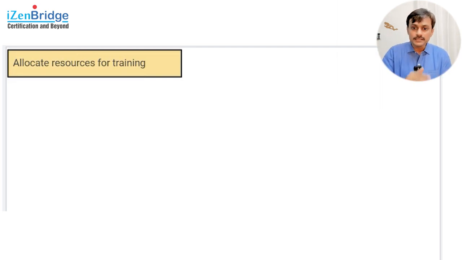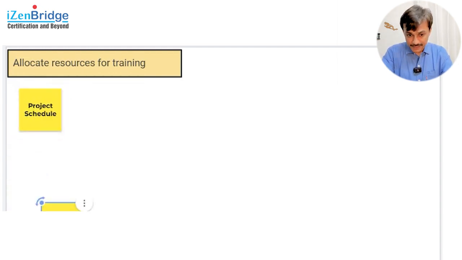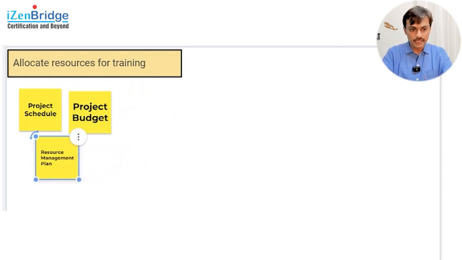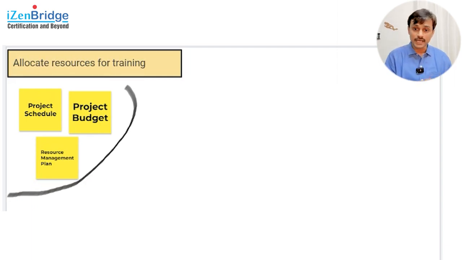It should not be that there is a training plan but the person also has scheduled activities for today. So we need to ensure our project schedule, our project budget, and the resource management plan, which may include training and other things, are in sync. In our predictive life cycle, we can say our project management plan should be synchronized, so that time allocated, budget allocated, and the training schedule all match.